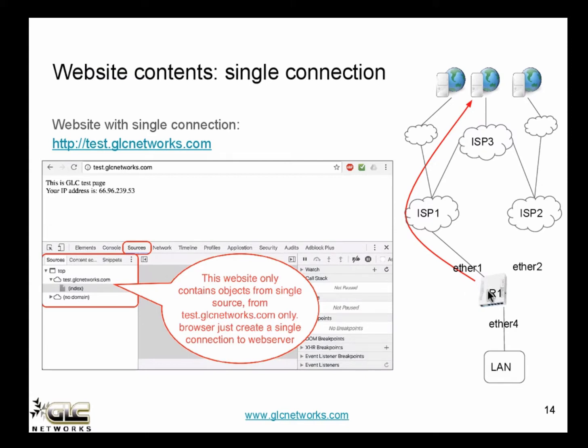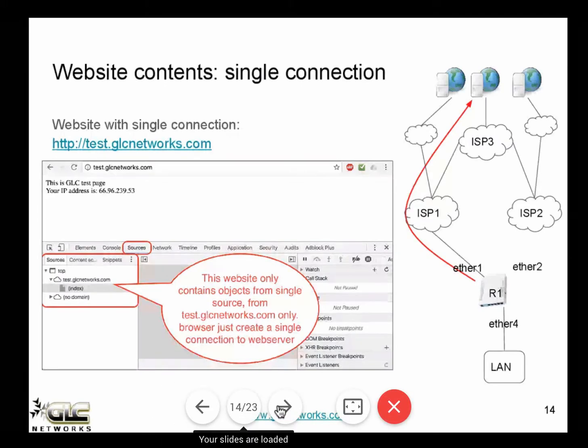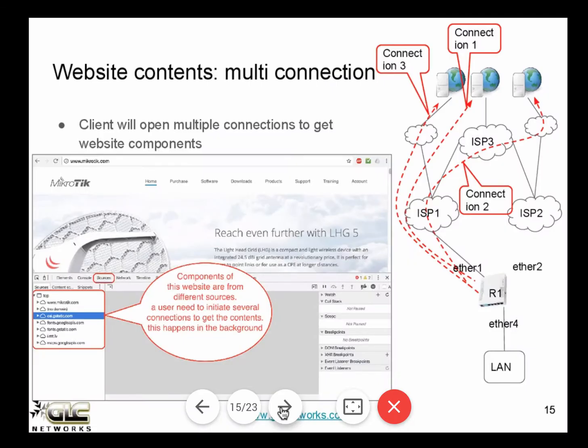Okay, so that's a single connection, but a website now has more objects from different connections and different sources. For example, if you go to mikrotik.com and check the elements, you will see components from different sources, right?